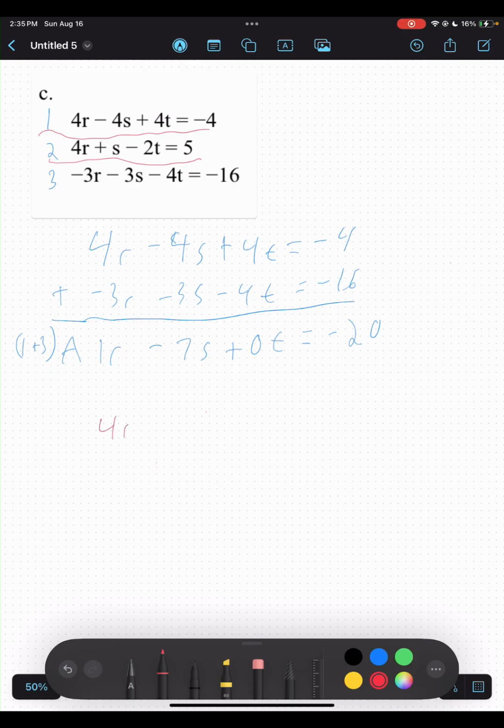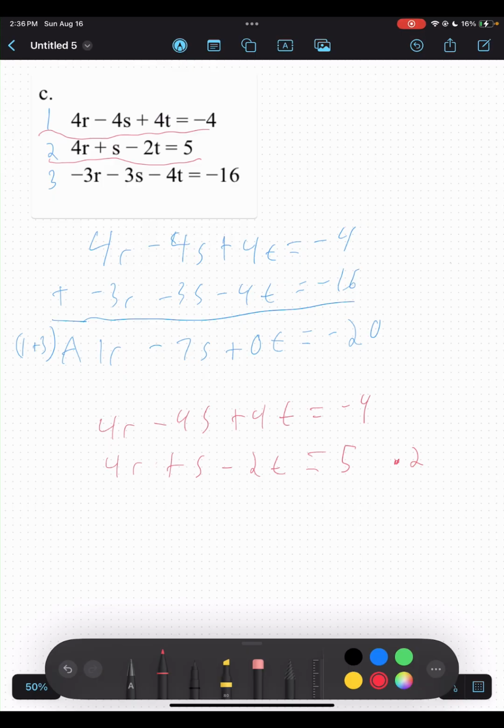So here I've got 4r minus 4s plus 4t equals negative 4. And here I've got 4r plus s minus 2t equals 5. Now, the problem with this, as you can see, is positive 4 and negative 2 do not make 0. So what we're going to do is multiply the entire bottom equation by 2 in order to get that negative 2 to a negative 4, and then we can cancel those.